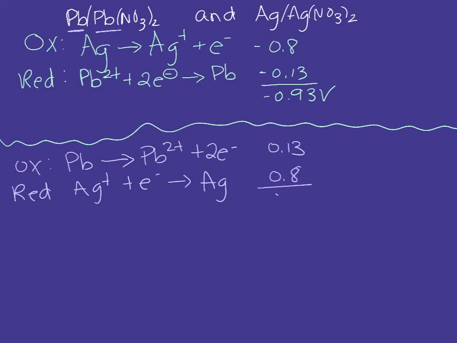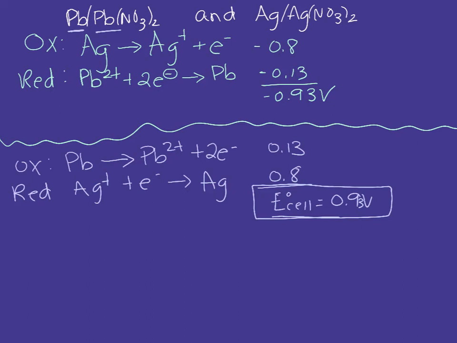So when we add that together, our overall E cell is going to be 0.93 volts. And we will only get that E cell if, and only if, we have standard conditions. So both the solutions are 1 molar, the pressure is 1 atm and the temperature is 25 degrees C.